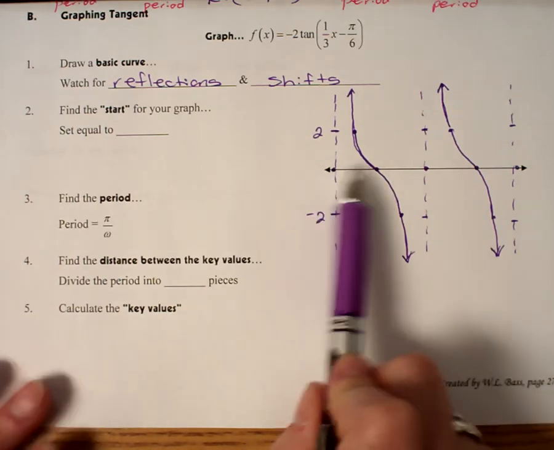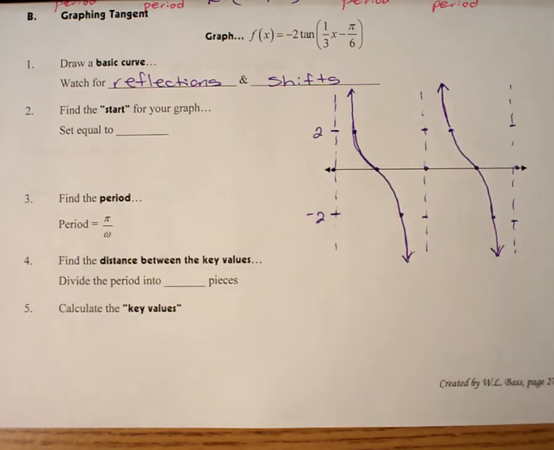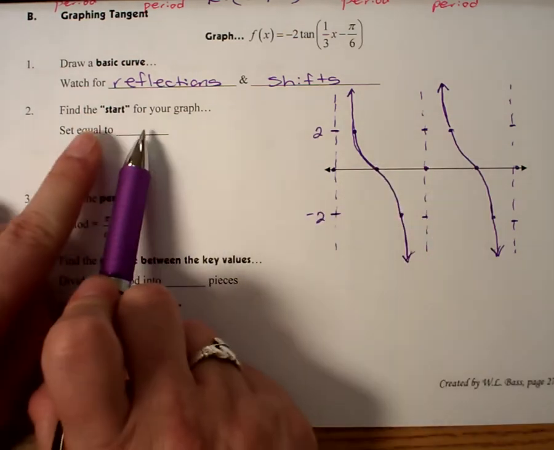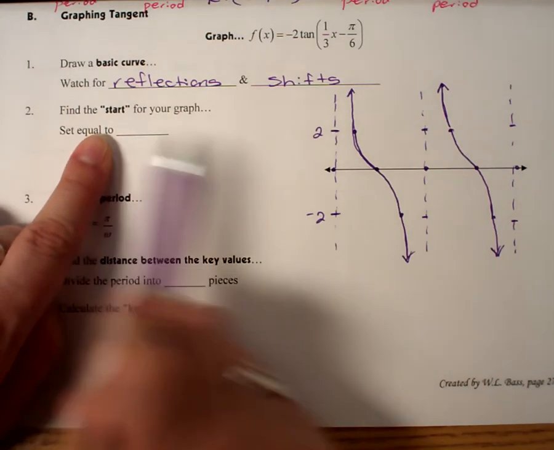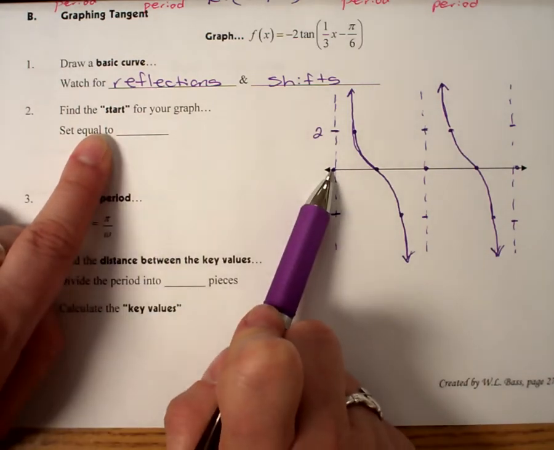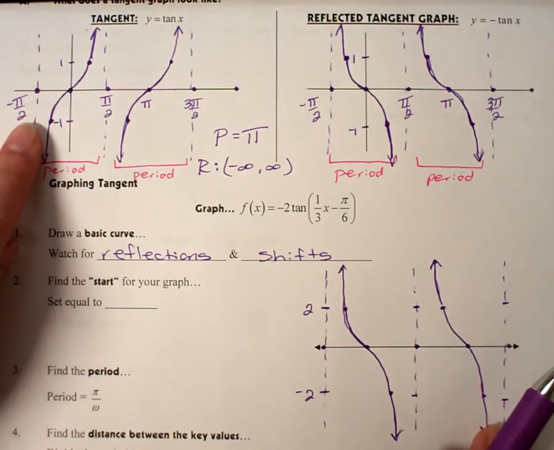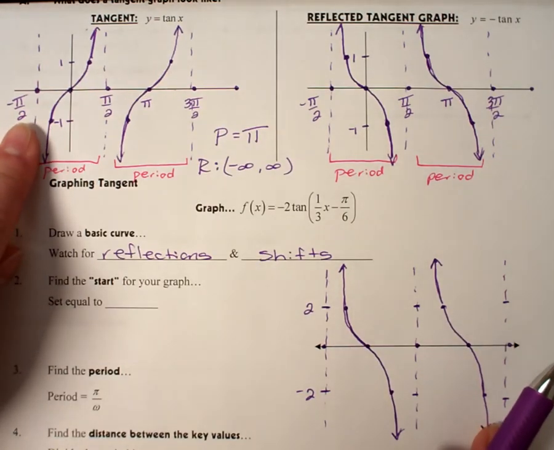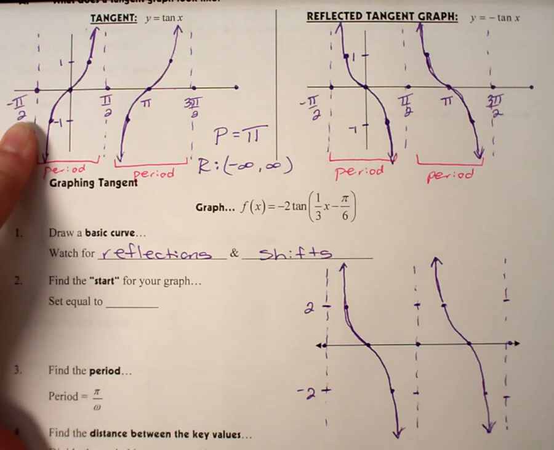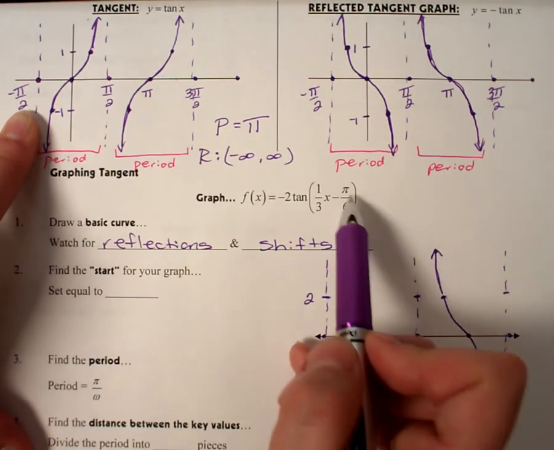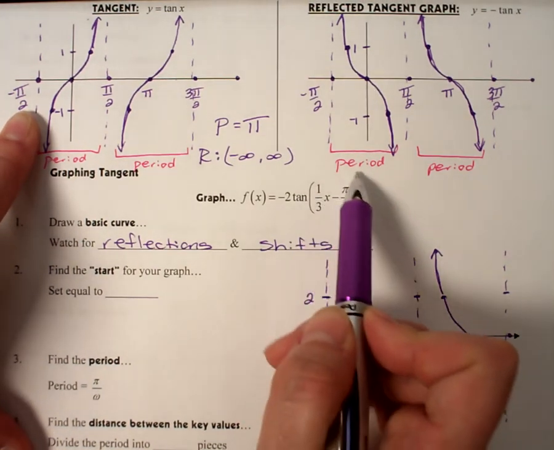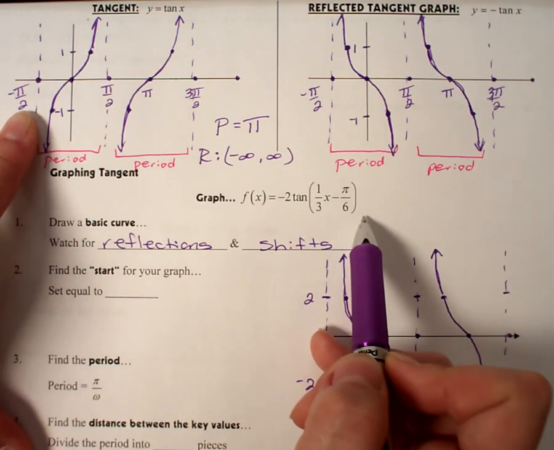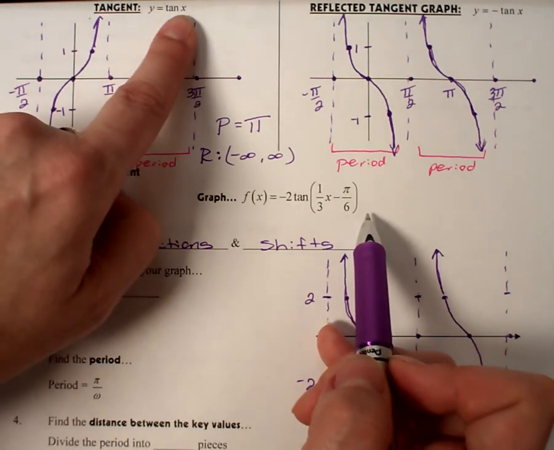Now, I need to know what are the values for each of these key points. When we try to figure out what this first graph is, what we have to remember is that on our parent graph, the first value that we found to the left of the y-axis was -π/2. We want to look at this entire expression here and how it changed from our basic x.